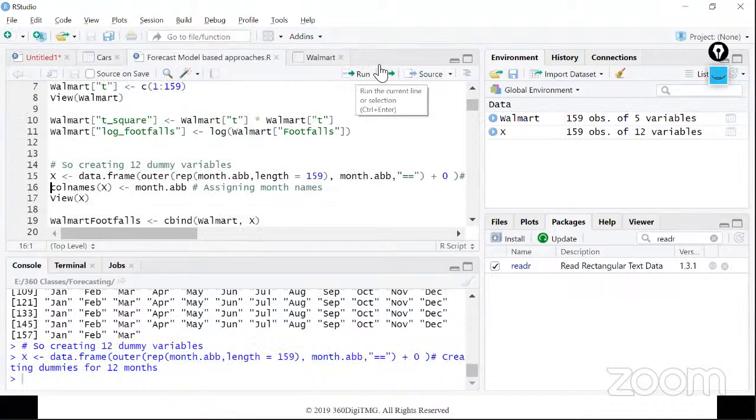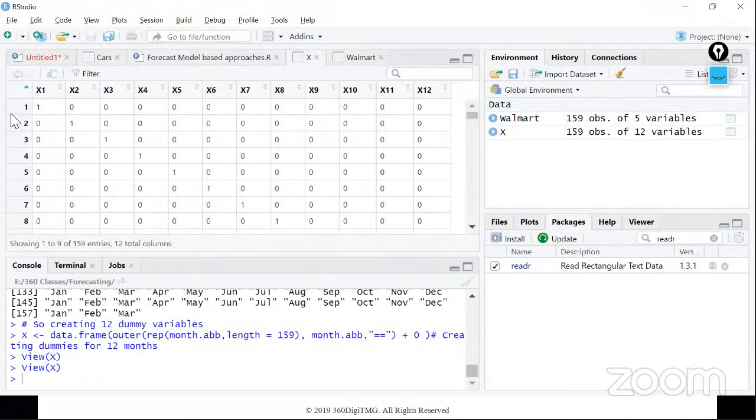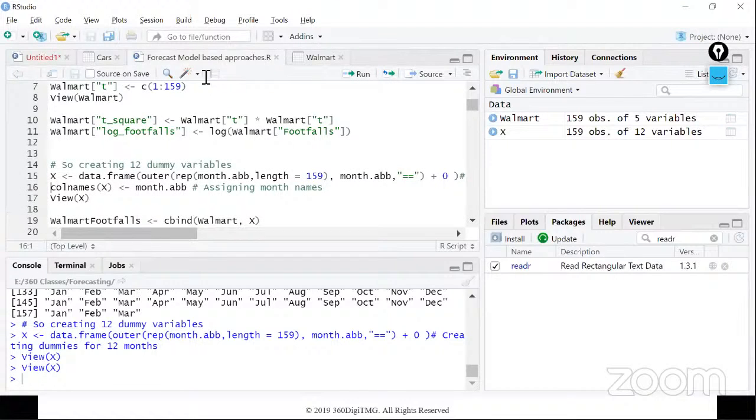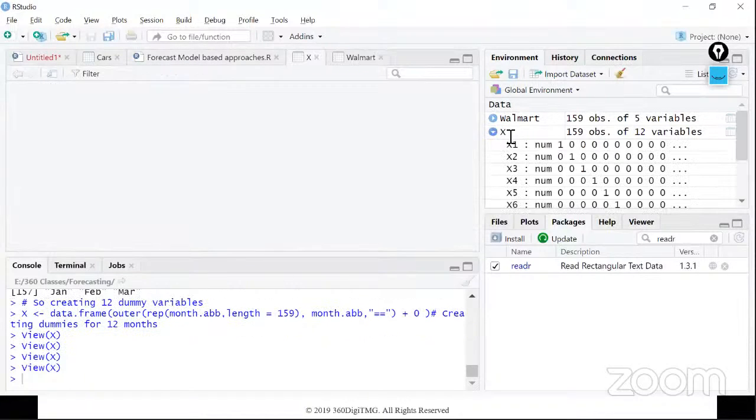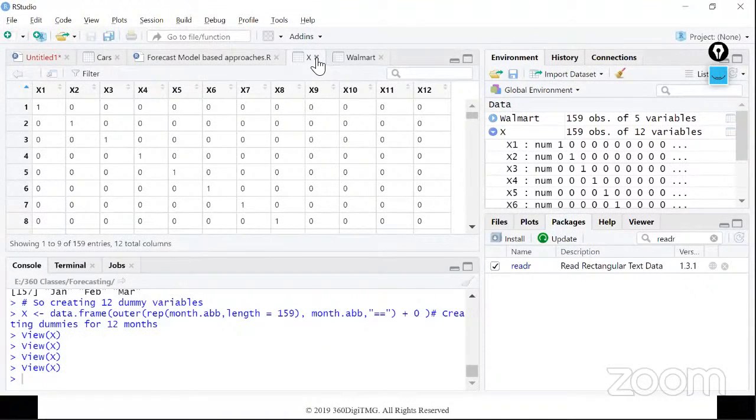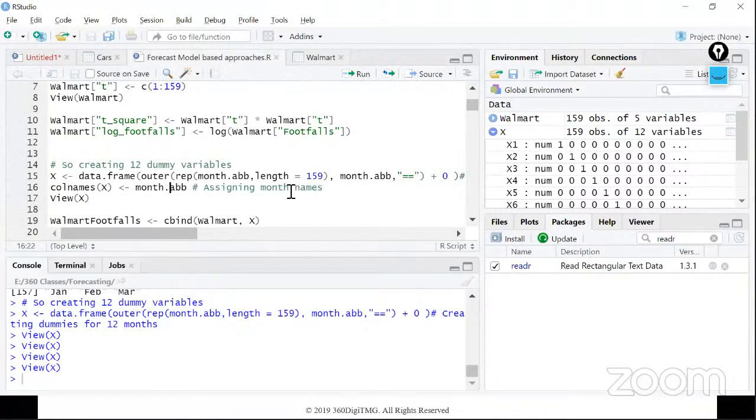So when I do this and look at X, you have the values 0, 1, 1, 1, diagonally going down. Now I'm going to assign column names to this table, which has month.abb.